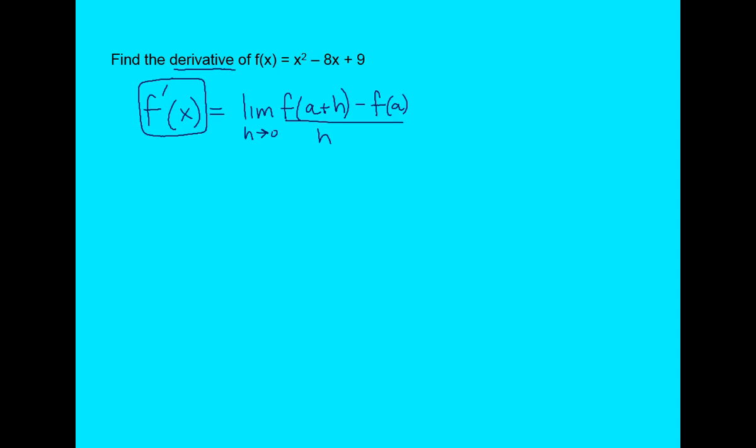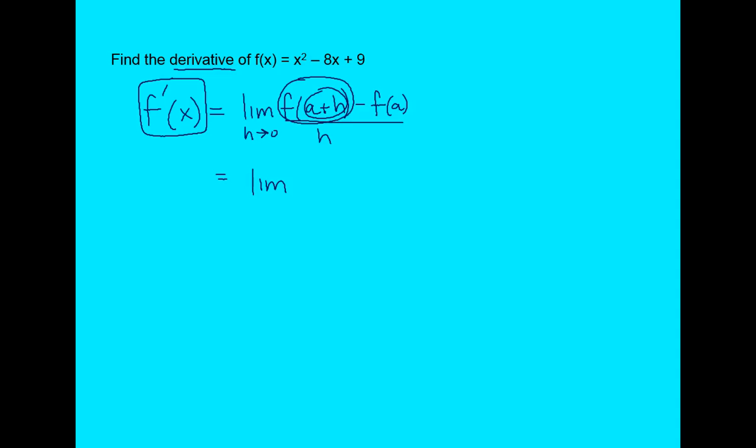Now notice for this one, it does not tell us to find the derivative at a particular point. So we're going to leave a in our formula. This equals the limit. Now we're going to plug this in. So a plus h gets plugged into our function.